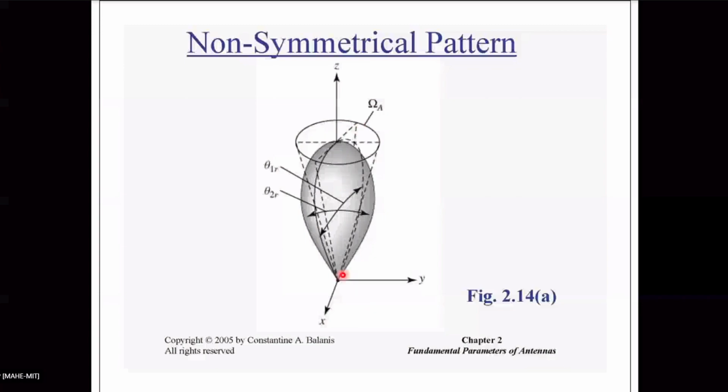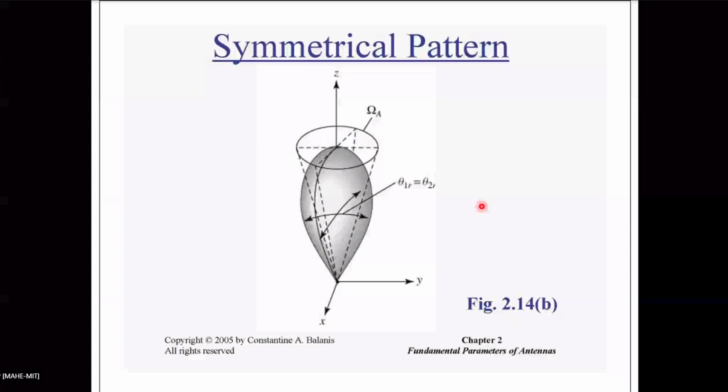This type of pattern is called rotationally symmetric. If theta 1r and theta 2r are not equal, then it is a non-symmetrical pattern. If theta 1r is equal to theta 2r, it is called a symmetrical pattern.